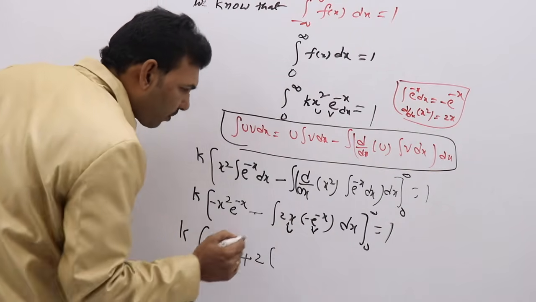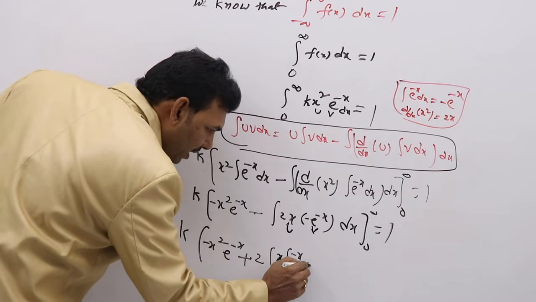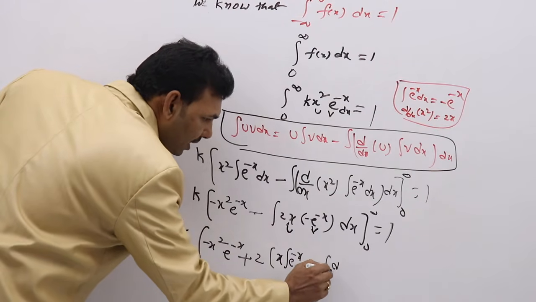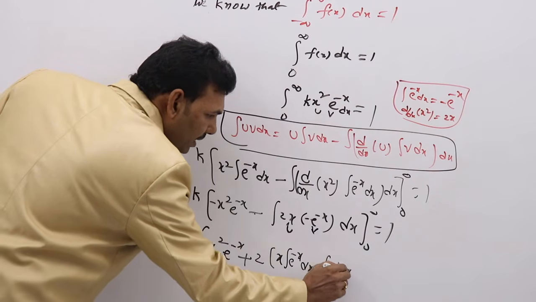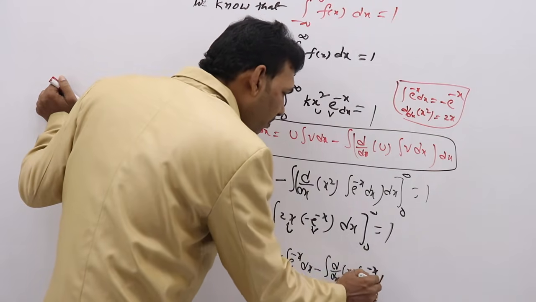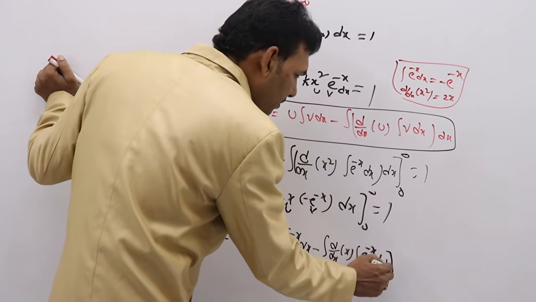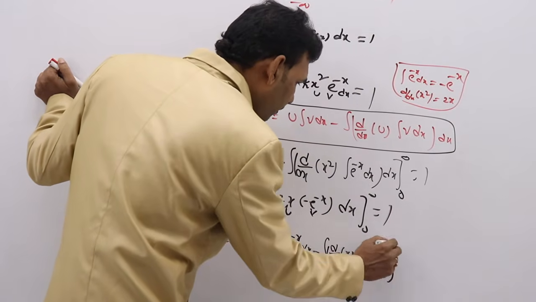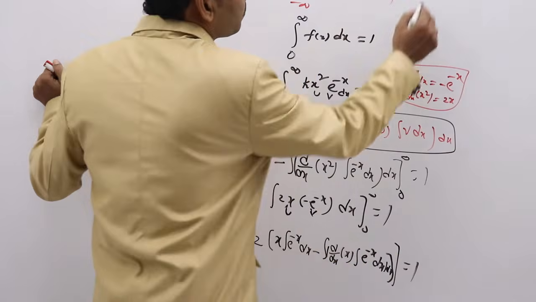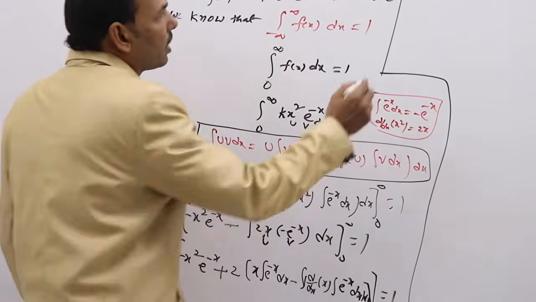If you apply that formula again, x integral e power minus x dx minus integral of d by dx of x times integral e power minus x dx, whole dx, equals 1. So now simplify very carefully.